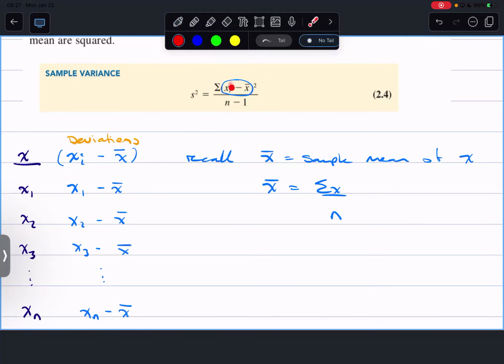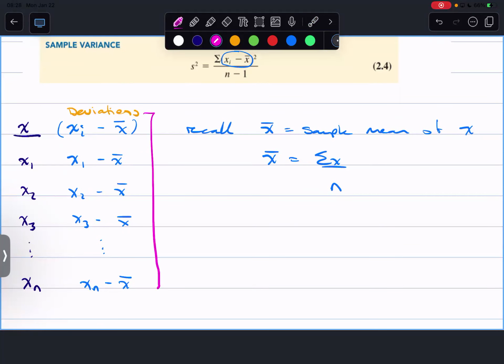So this part of the formula for the variance, right, you still have that same length of your data. You still have the same number of observations, but now you have that number of deviations. And so then what we have to do is we need to square the deviations.